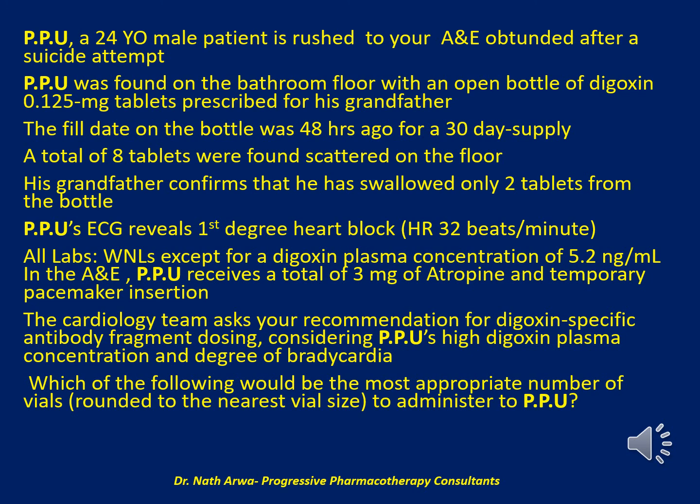The cardiology team asks your recommendation for digoxin-specific antibody fragment dosing, considering PPU's high digoxin plasma concentration and degree of bradycardia. So my question to you is, which of the following would be the most appropriate number of vials, rounded to the nearest vial size, to administer to PPU?